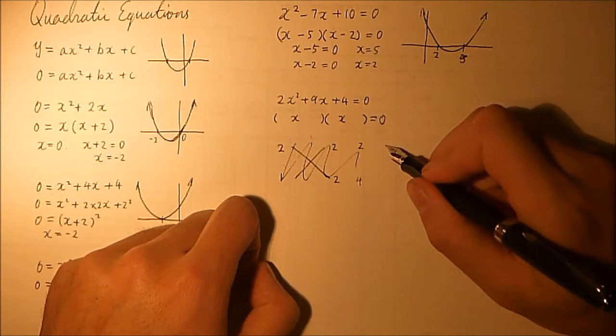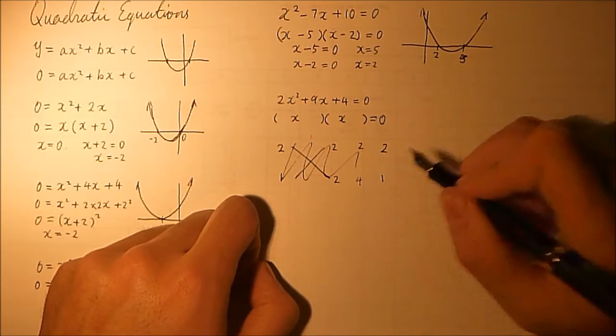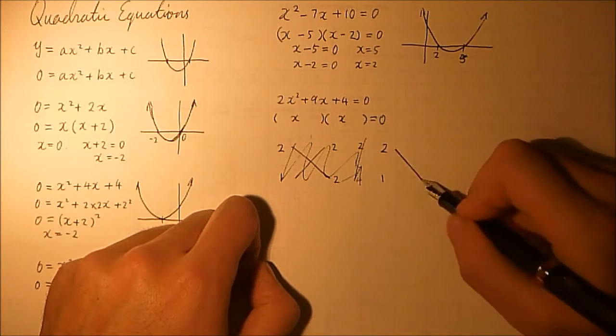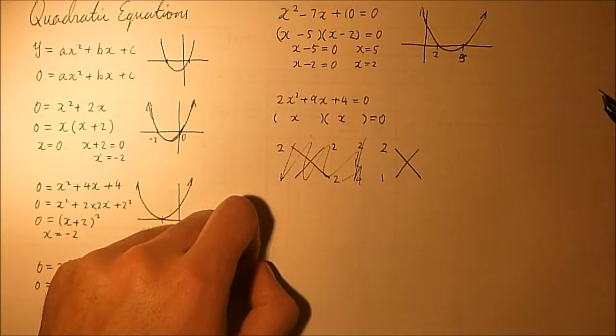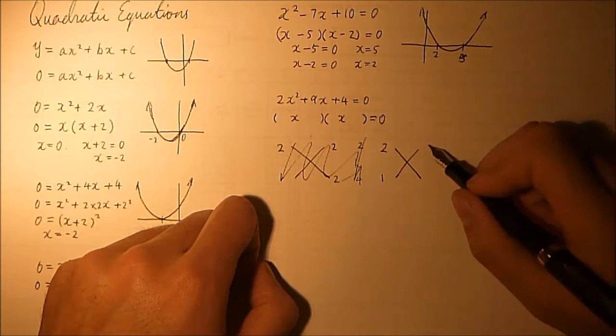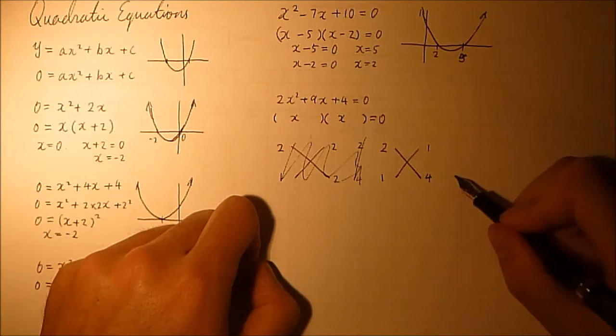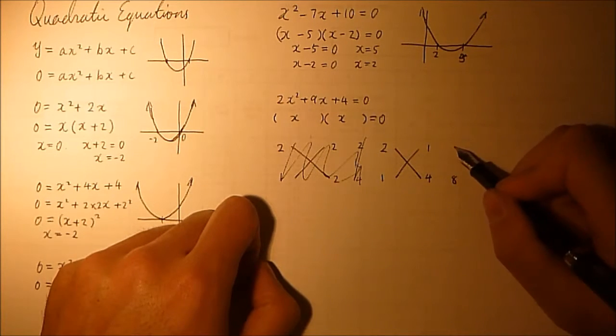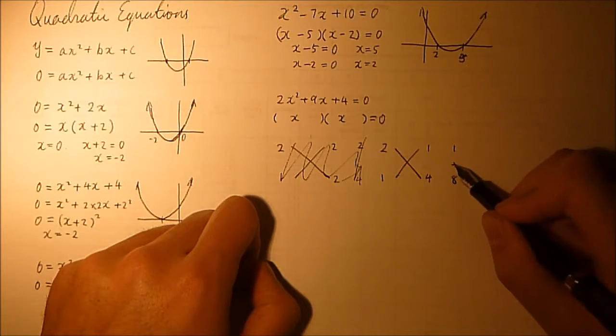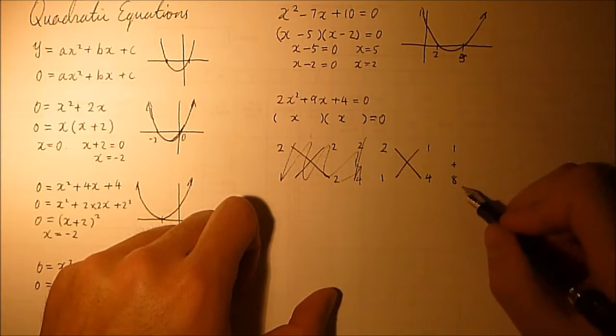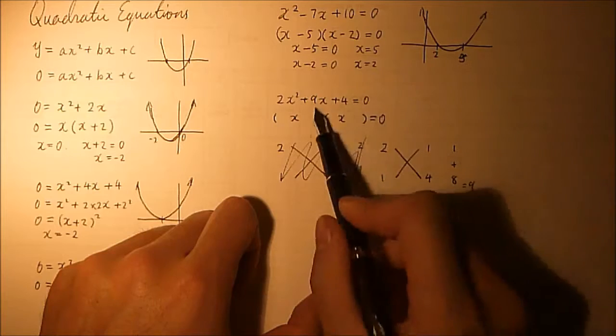Let's try something else. Once again, 2, 1, cross. This time, let's try 1 and 4. 2 times 4 is 8, 1 times 1 is 1, and 1 plus 8 equals 9, which is what we want.